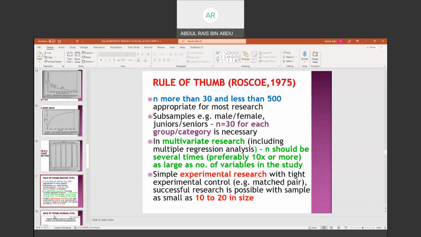If you have more, the better. If you do simple experiment research with tight experiment control, you can get away with about 10 to 20 sample size population.